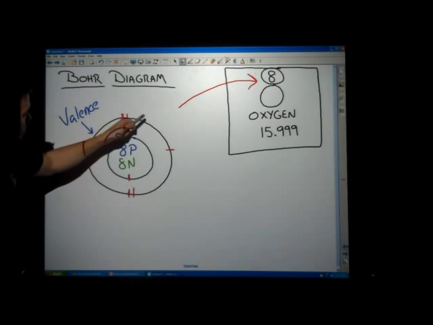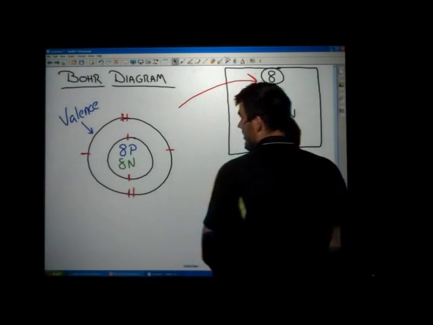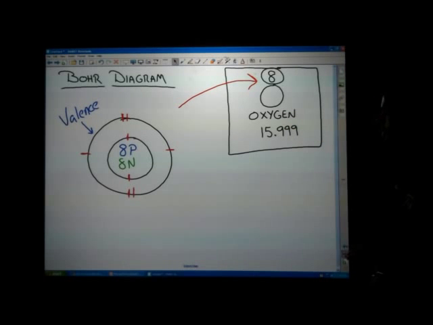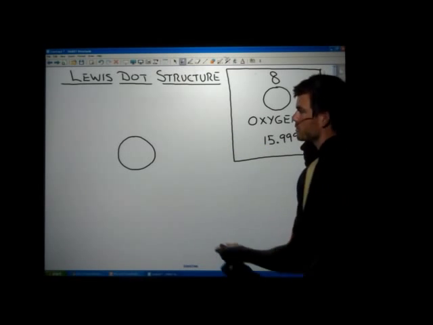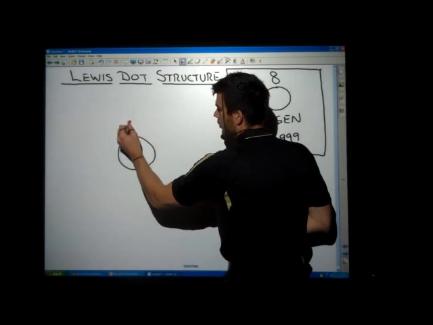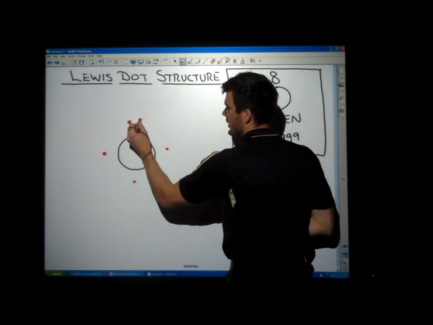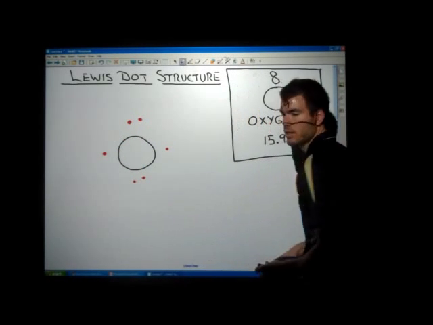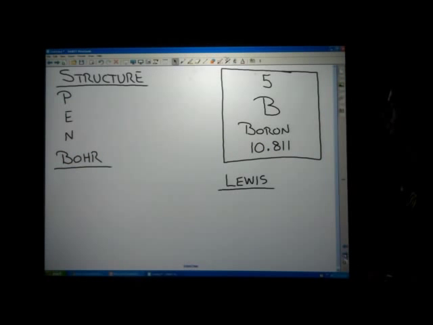This is the outer shell, shell 2, 1, 2, 3, 4, 5, 6. There are 6 electrons in the valence shell of oxygen. So since we're drawing a dot structure, I use dots, and I had 6 of them. 1, 2, 3, 4, 5, 6. That is how I would draw oxygen in the Lewis dot structure.